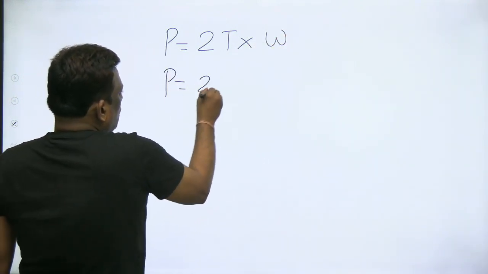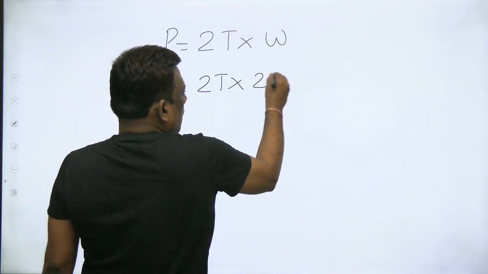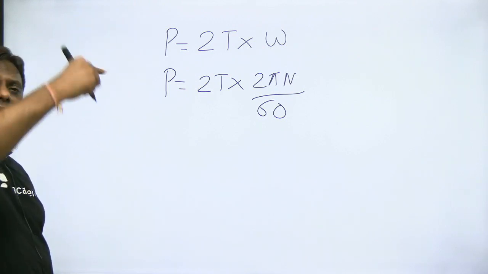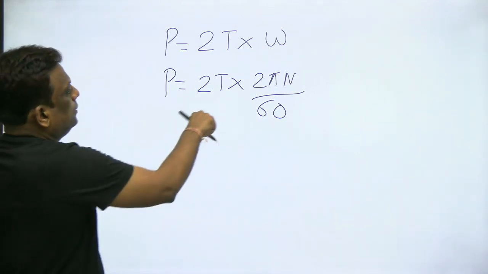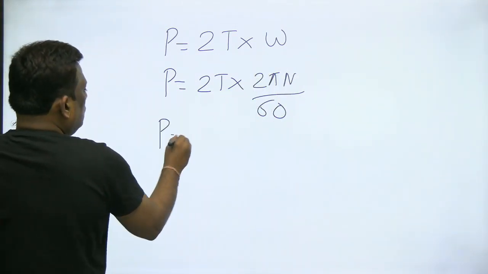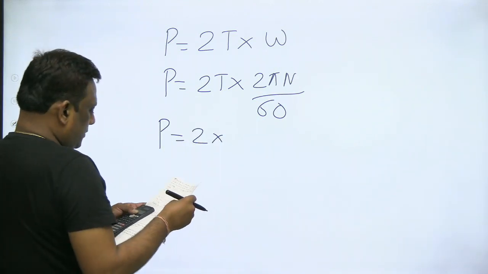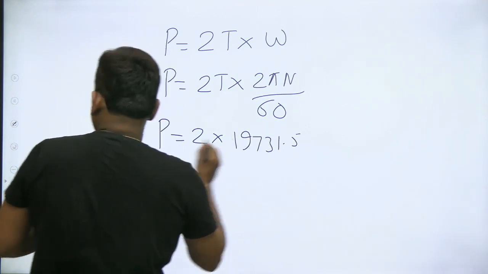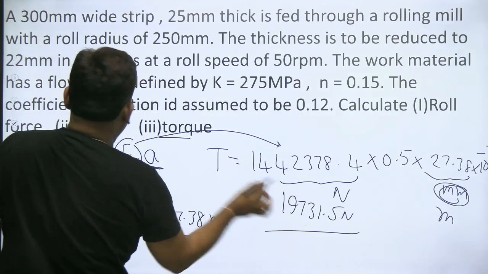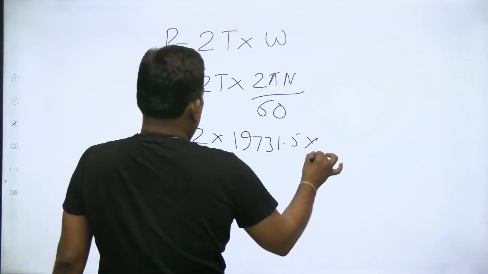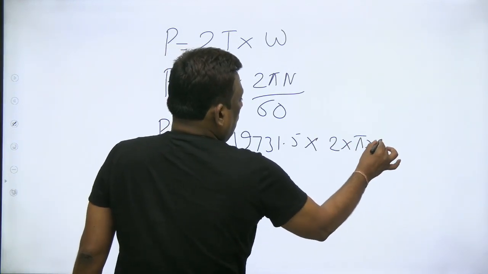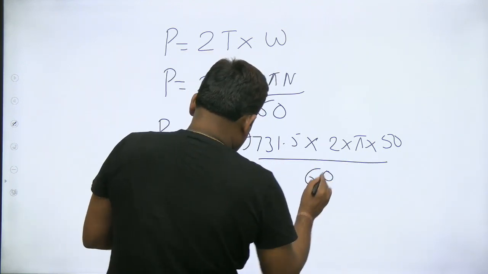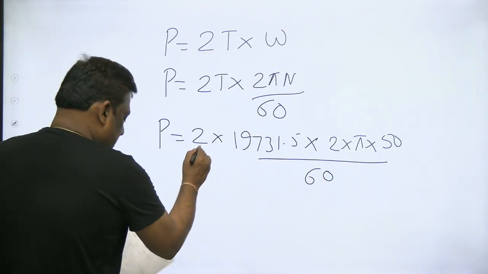Why are we multiplying T by 2? Because we need the total torque of the upper and lower rolls, into omega. Already we know T, which is 19731.5, just now calculated. Into 2 into pi into n, which is 50 if I am not wrong, by 60. Why this 2 is very, very important.